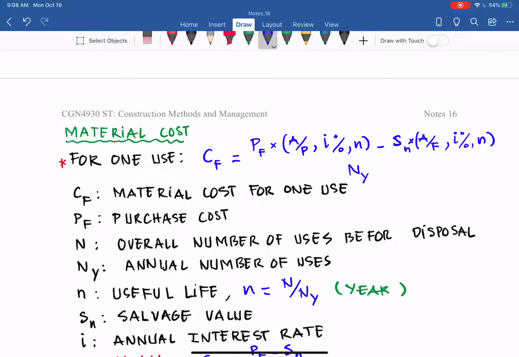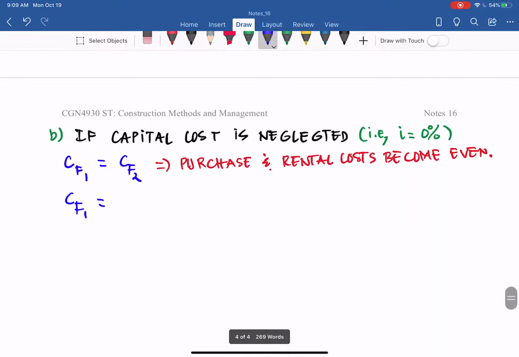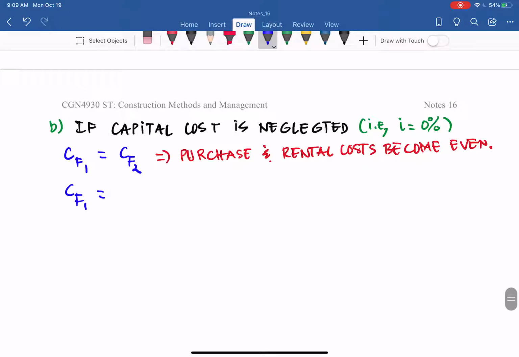From that equation we have CF equal to PF over N, that is CF1 over N, the number of uses. And this has to be equal to CF2 to become even, with no interest.